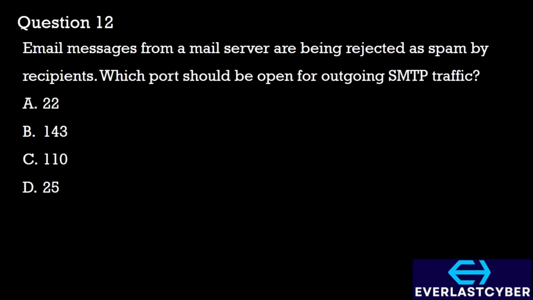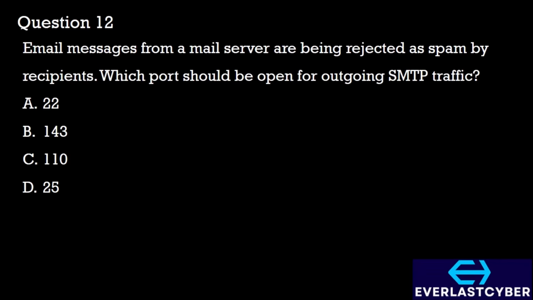Port 143 is used by IMAP for retrieving and managing emails on a mail server. Port 110 is used by POP3 to retrieve emails from a mail server, while port 25 is used by SMTP to send outgoing emails from a mail server.